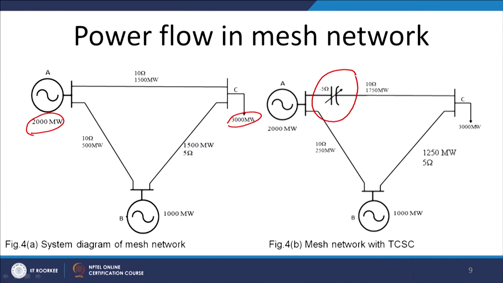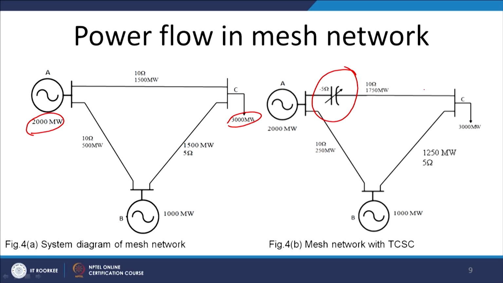So we can reduce the power flow through the line AB with a solution given by the FACTS. We can insert a variable series impedance to reduce the impedance of the line.